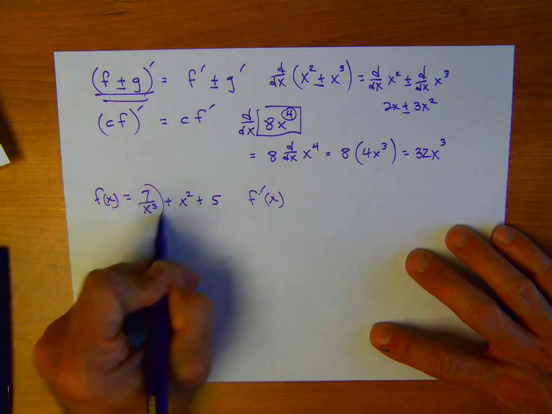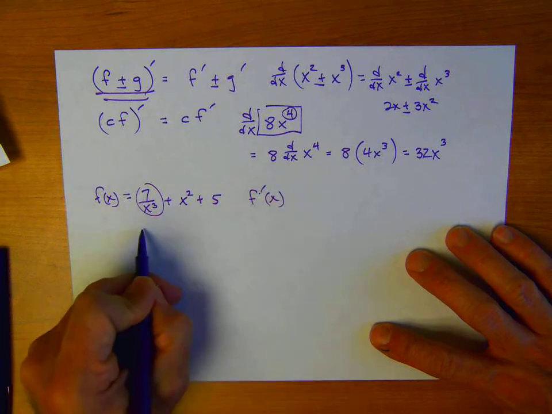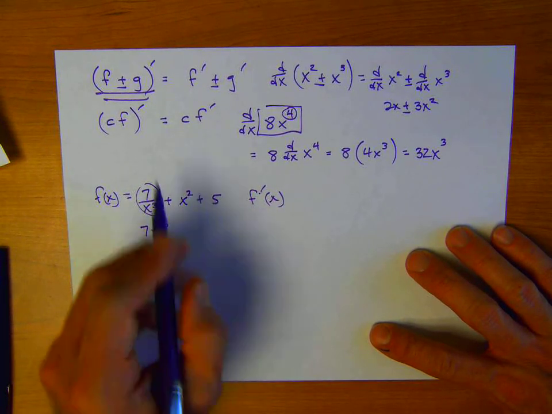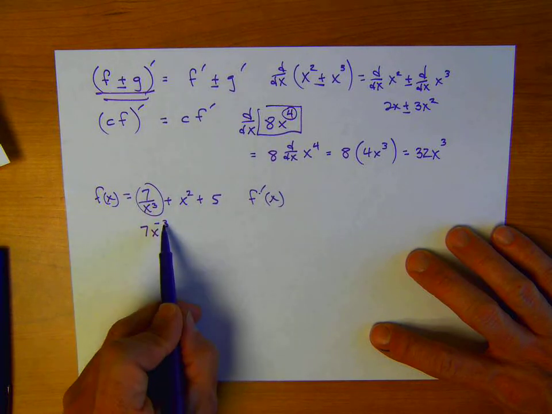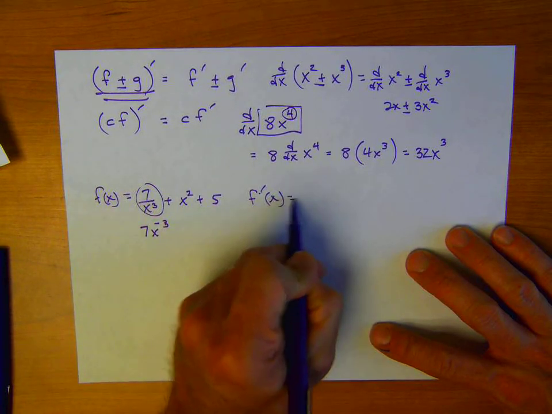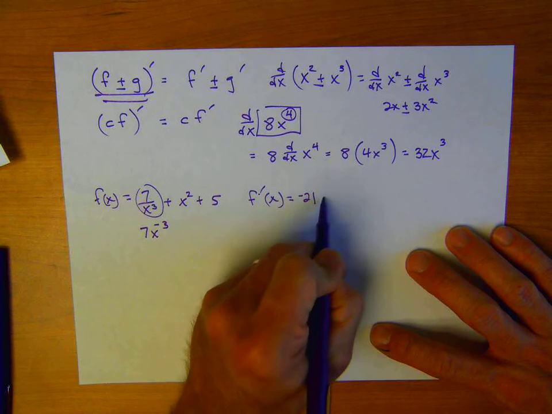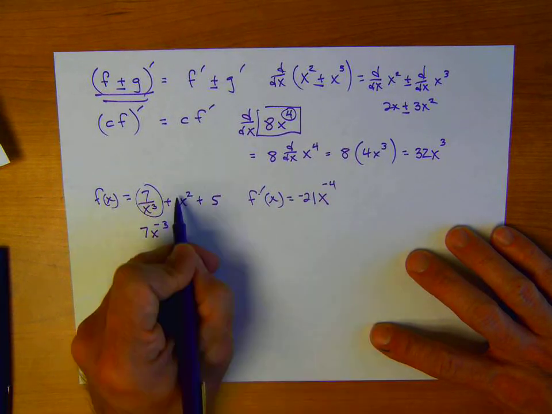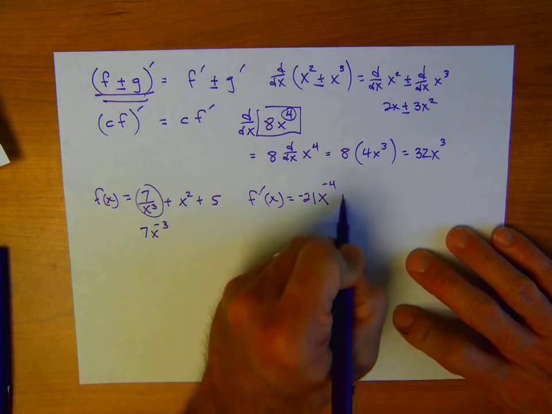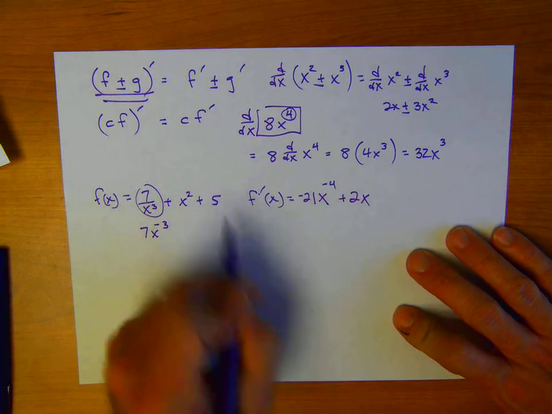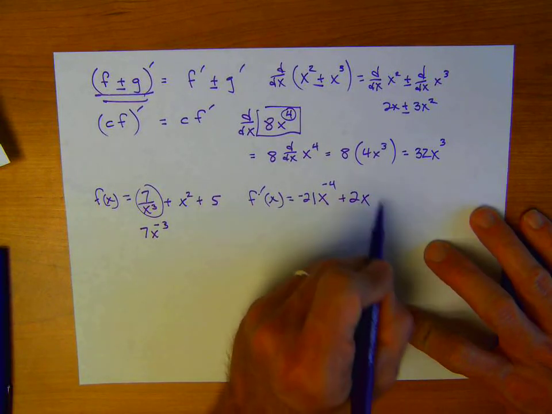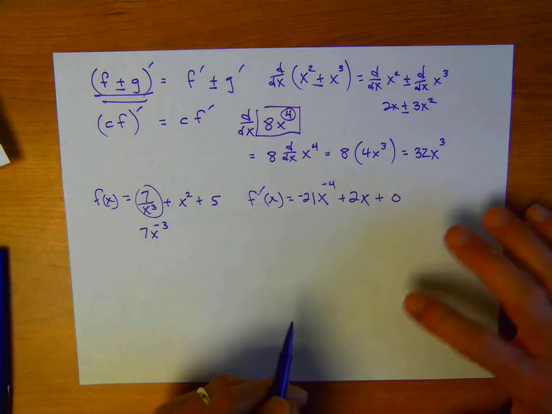So this one I want to rewrite as 7x to the negative 3. Using this piece right here, negative 3 times 7 is negative 21x, and subtracting 1 from negative 3 gives negative 4. Now this one we've already done, that's 2x, and 5 is a constant, so it goes away. You can say plus 0 if you like, but we don't usually do that.